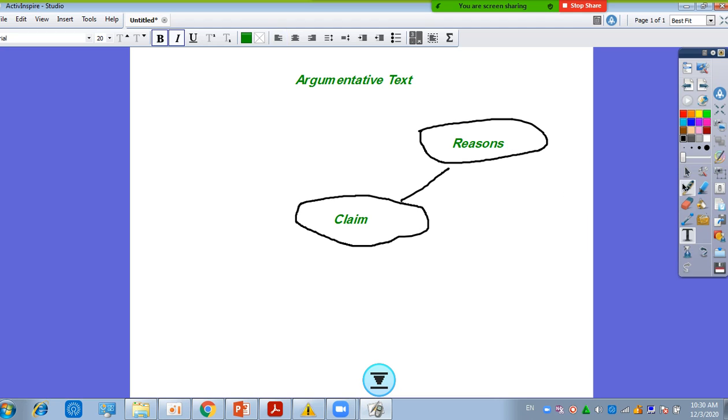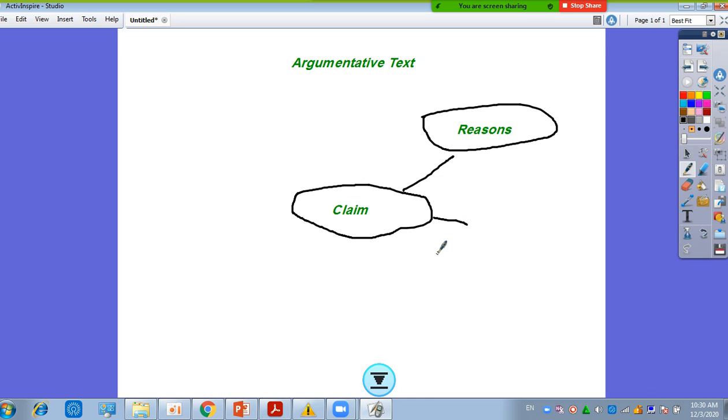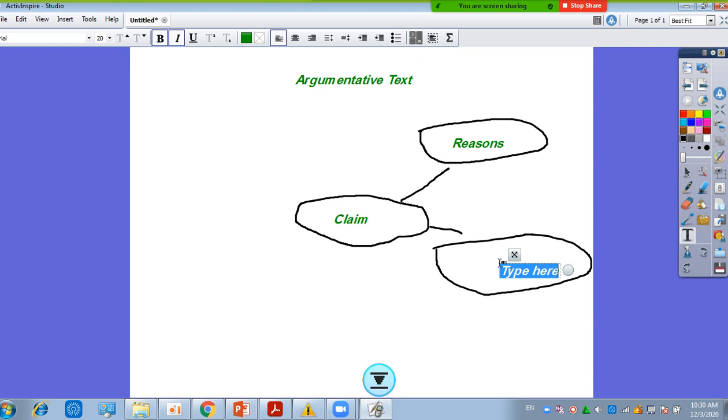And then you need to also introduce evidence. Evidence, or we can say it's like an example, a real life example that happened, related, that makes you think about this claim or this opinion or believe in this point of view.